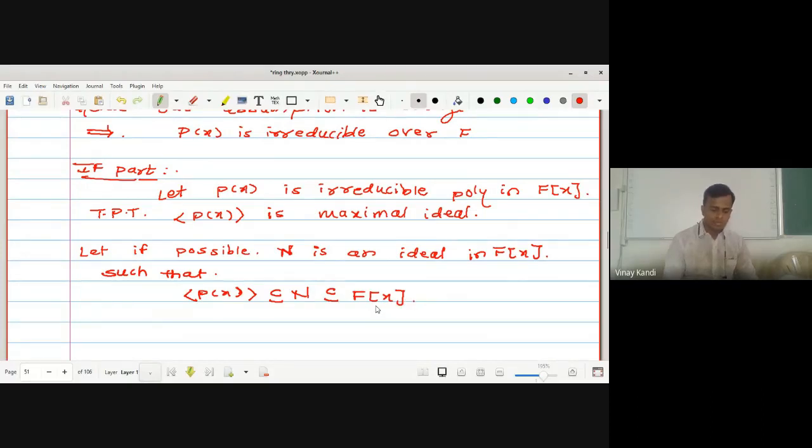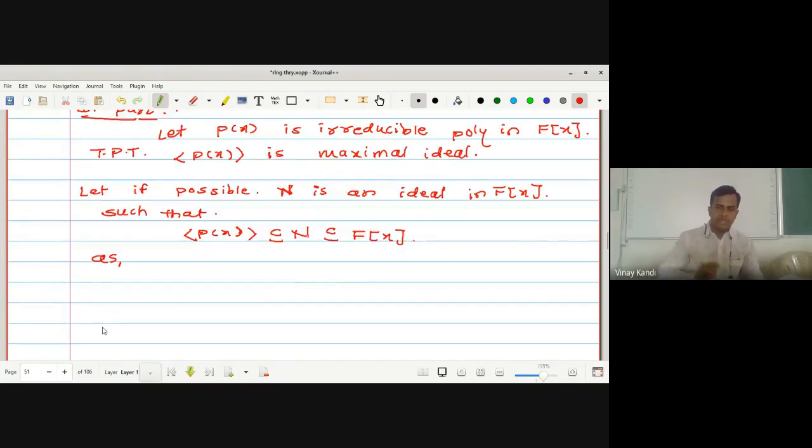Such an ideal exists, if possible. There exists an ideal N in F of x such that p of x is contained in N and which is contained in F of x. Now, what is your F of x? F is your field. If F is a field, then what is F of x? A principal ideal domain.